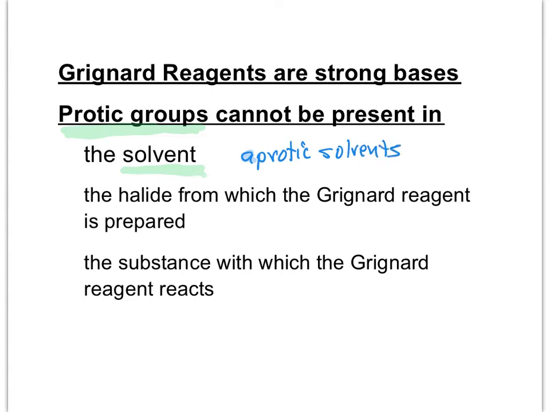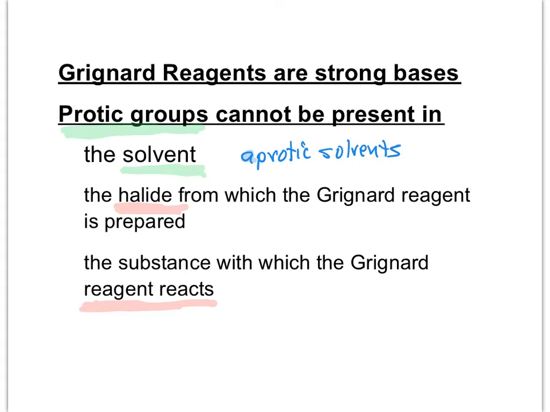We can't have any protic groups in other regions of the alkyl halide. If there are other functional groups in the alkyl halide, none of those functional groups can be protic. And any other substance in there can have no protic groups.